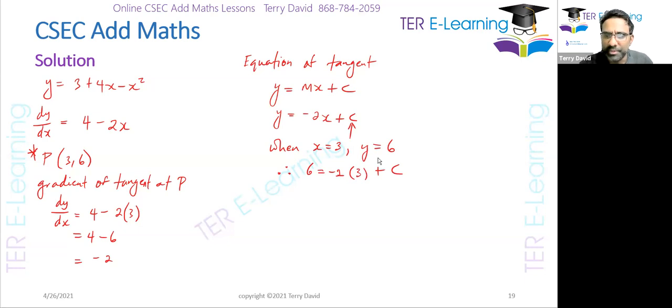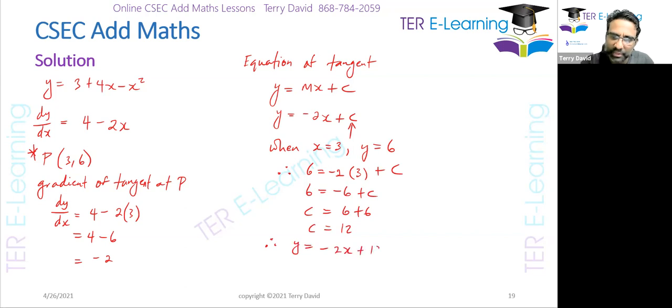Right, so this is going to be 6 is equal to minus 6 plus c. So therefore, c is equal to 6 plus 6. So therefore, c is equal to 12. Now, my equation of my tangent is going to be y is equal to minus 2x plus 12.